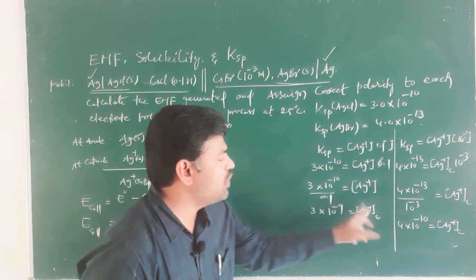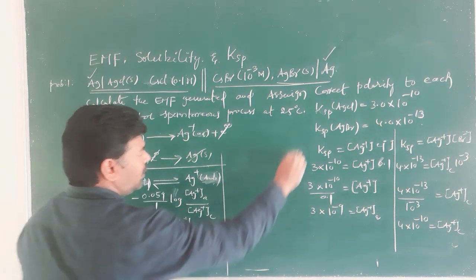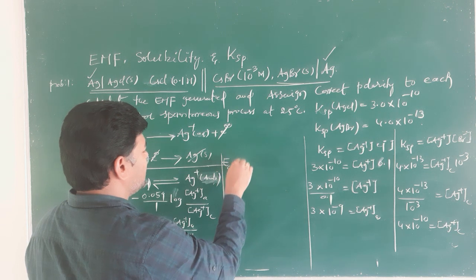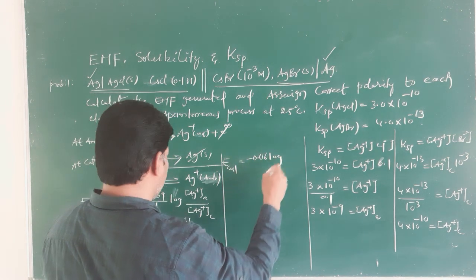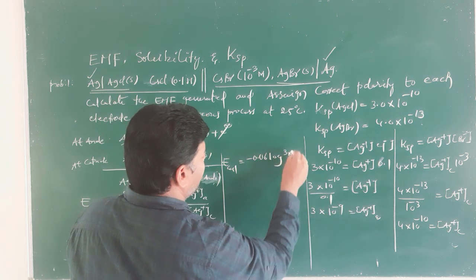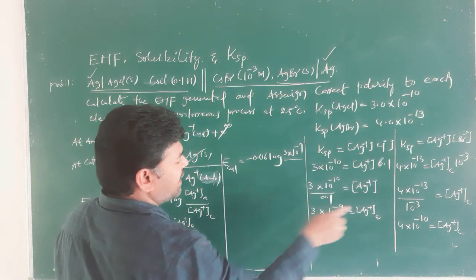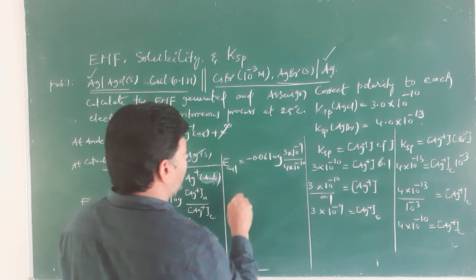Substitute these two values in this equation, that is E cell is equal to minus 0.06 log concentration of Ag plus at anode, 3 into 10 power minus 9, by concentration of Ag plus at cathode, 4 into 10 power minus 10. Okay.